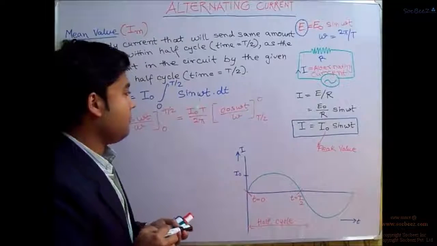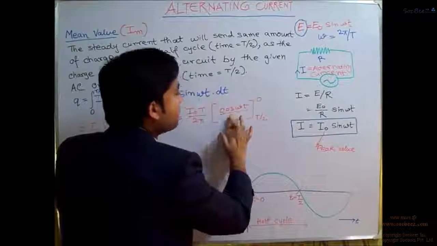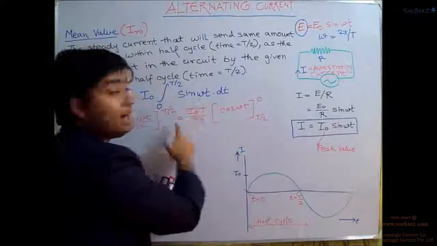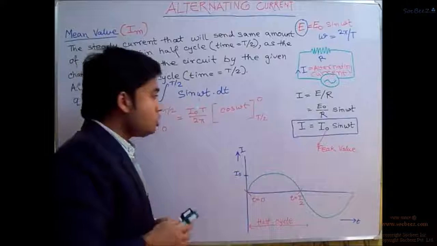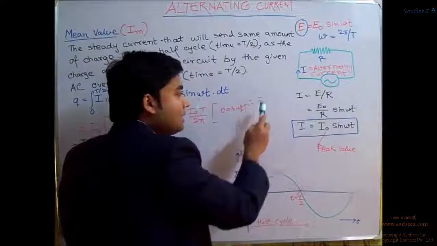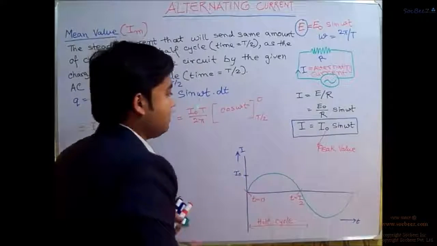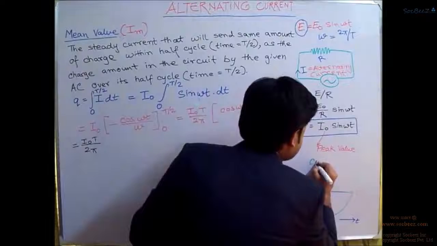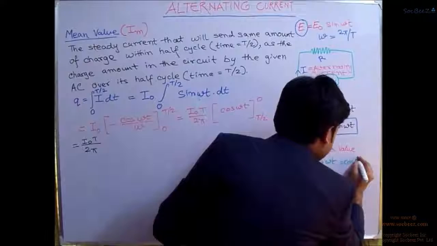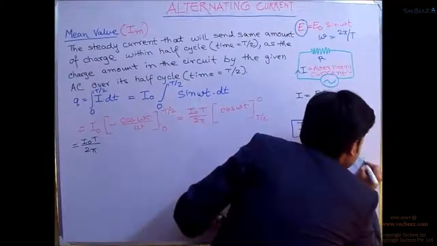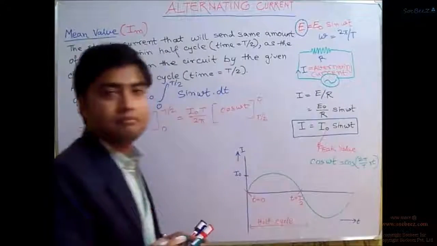Let us see what will be the value of this cos omega t. Sorry, we could not take this omega because we have already taken it out, right? So what is the value of cos omega t? We are going to replace t by these two values, right? So we can write cos omega t as cos of 2 pi divided by T multiplied by the time, right?